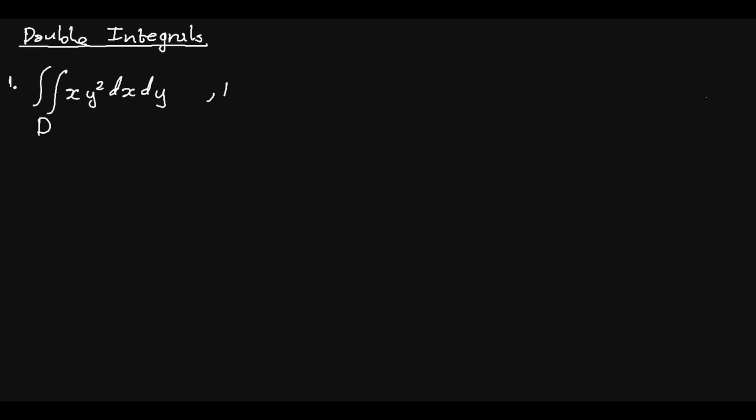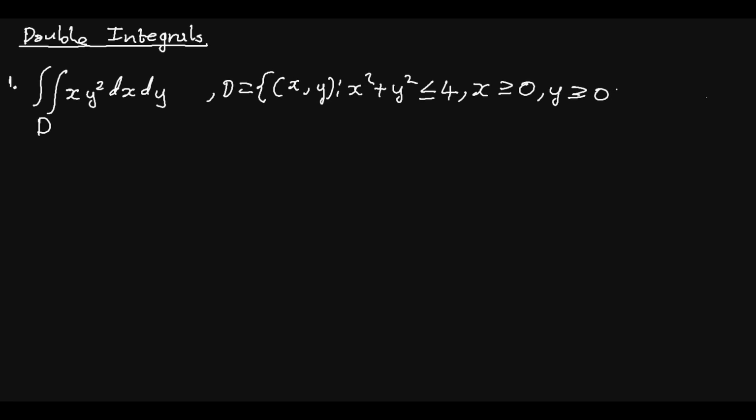Then they say where D is equal to the set of (x, y) such that x squared plus y squared is less than or equal to 4, x is greater than or equal to 0, and y is greater than or equal to 0.